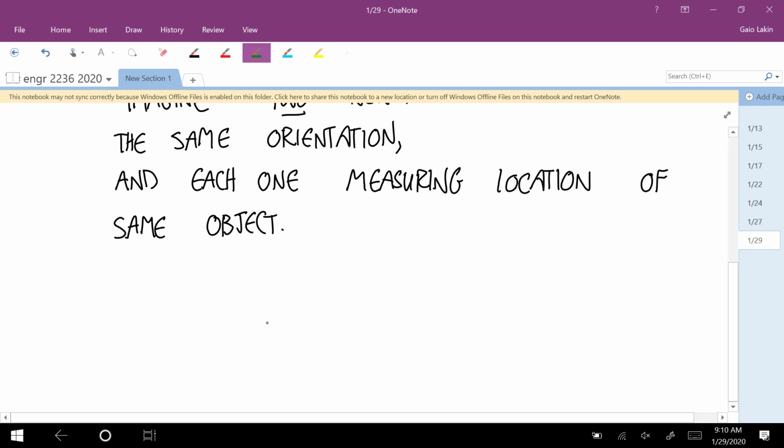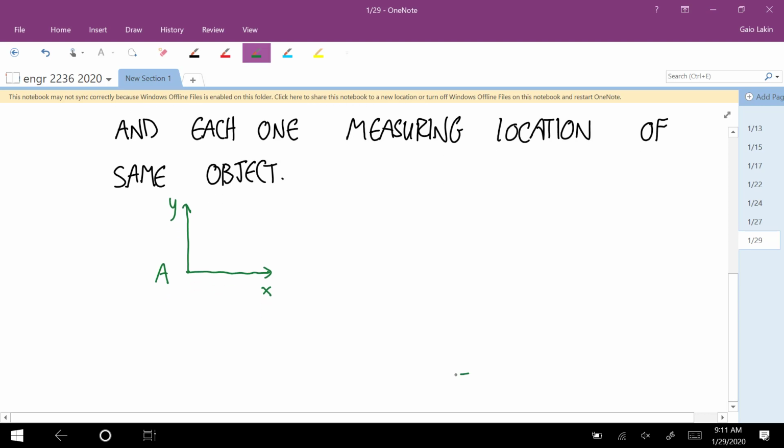So here's our first coordinate system. I'm going to call this coordinate system A. And here's our second coordinate system. That's coordinate system B. And the x-axes are pointing in the same direction.